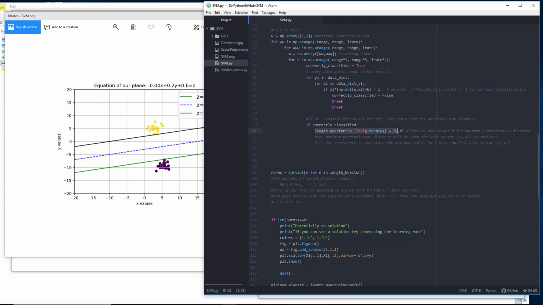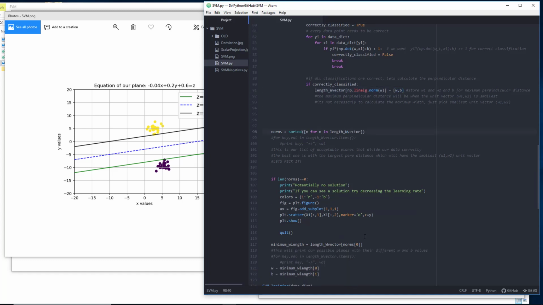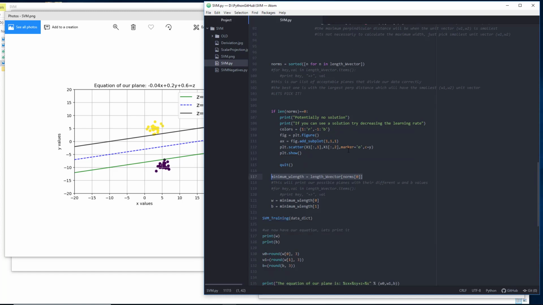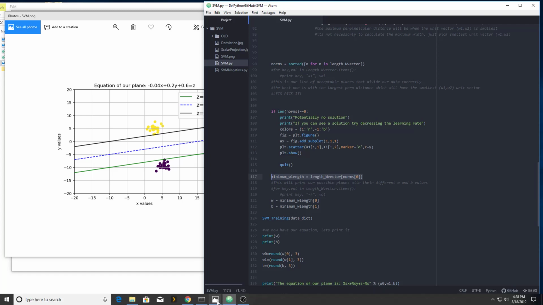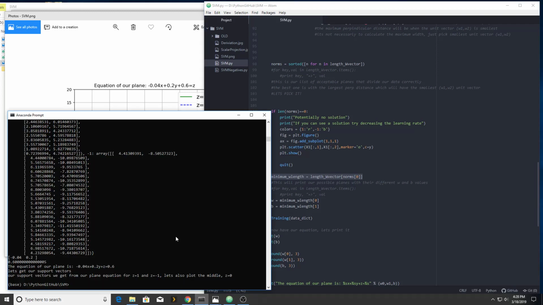Then this calculates and stores the coefficients which do divide the data correctly, and the length. And here we just select the plane with the smallest length. Wunderbar. Okie doke. So let me run that code and show you that it works.